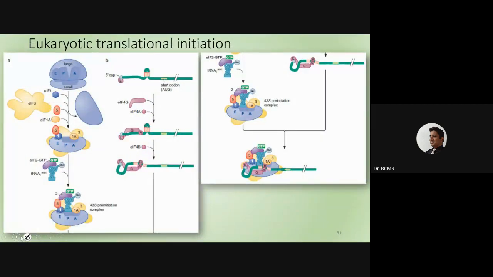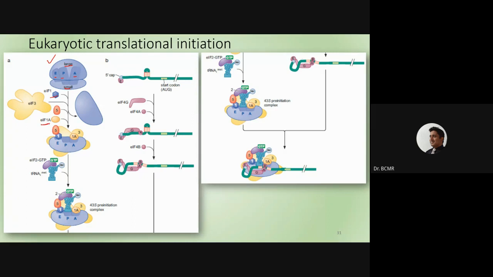You can break it down into pieces, and we will see how we can make a small story out of it for remembering. So this is the ribosome, large and small, APE sites, and then we have EIF1.